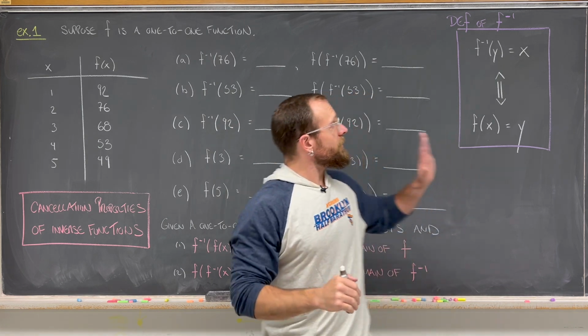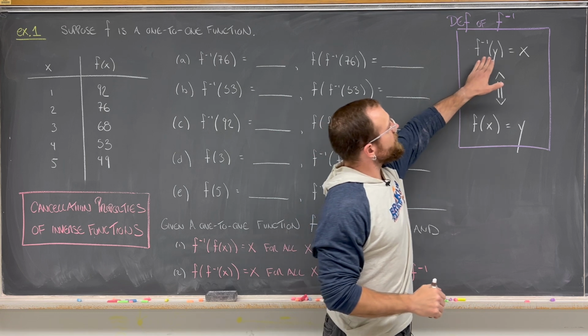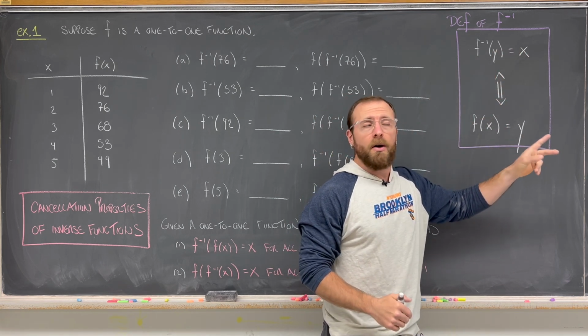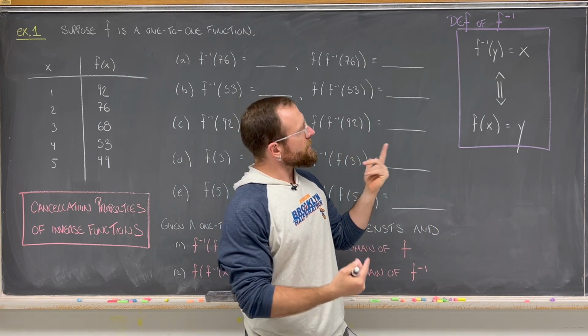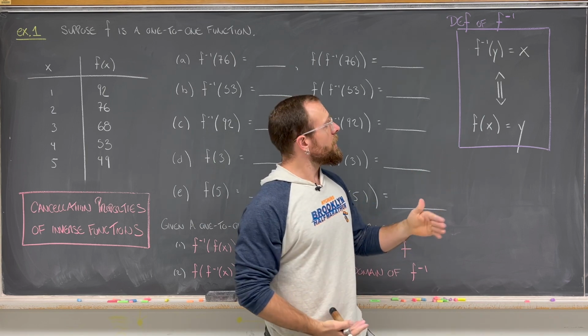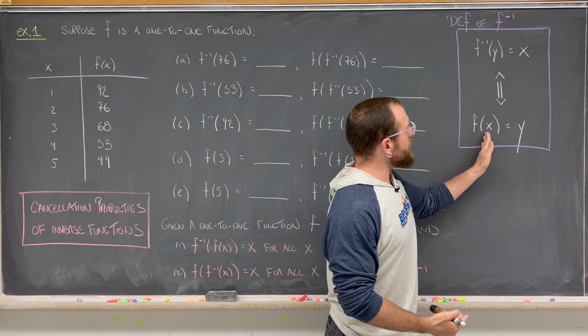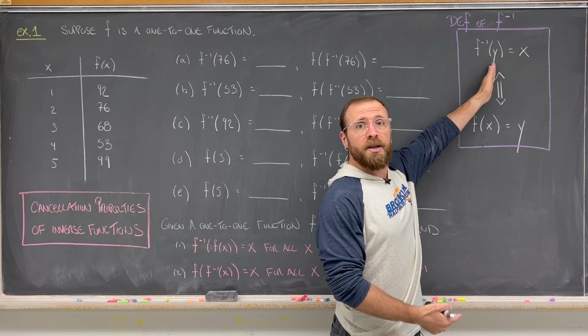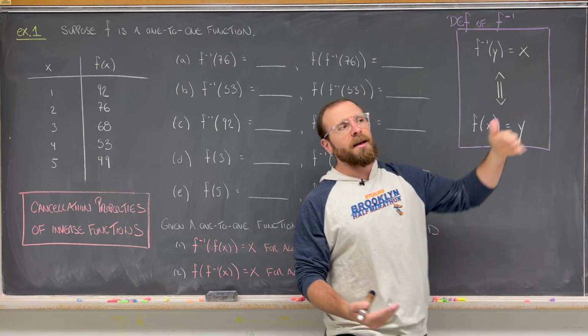Well, remember from the definition, f inverse of y is x if and only if f of x is y. One way I like to think about this is that both of these are conveying a relation between x and y. You can start with x and input it into f to get y, or you can start with y, input it into f inverse, and get x.